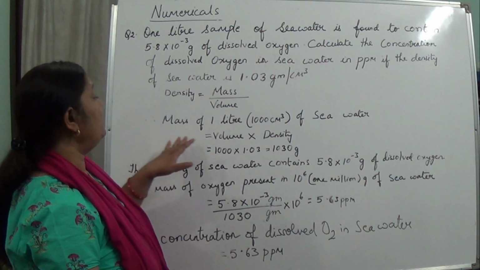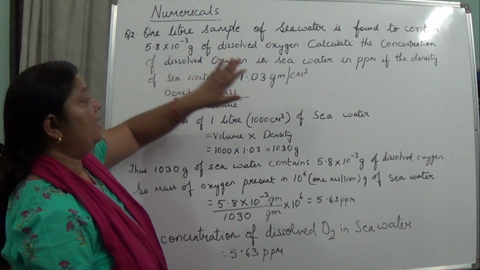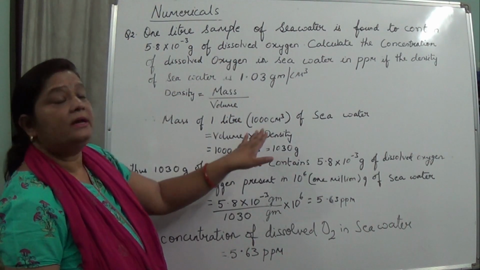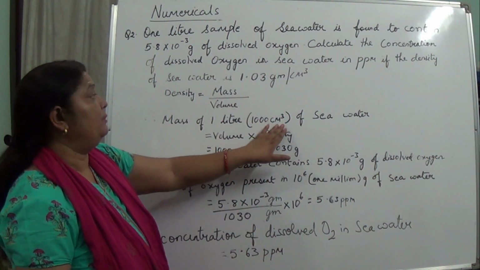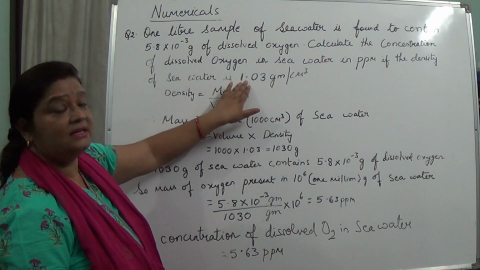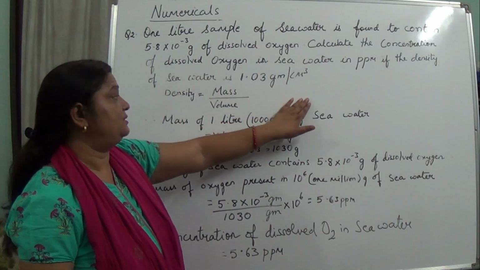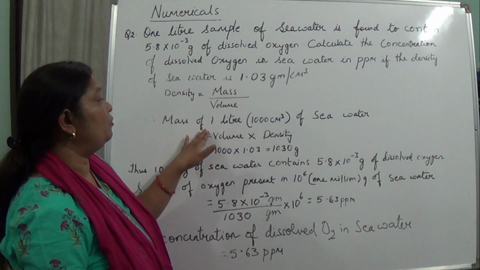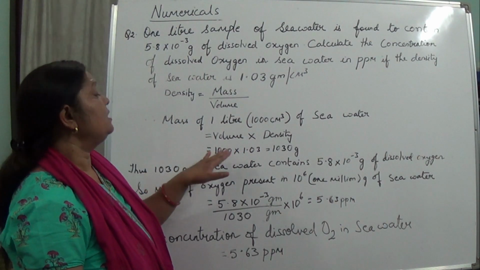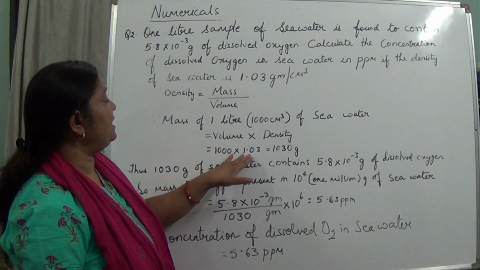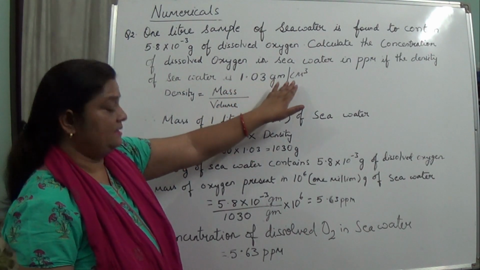So how will we do it? Volume is 1 liter, but we will be converting it into centimeter cube. So it becomes 1000 centimeter cube, because in the question the unit of density is gram per centimeter cube. So here we are converting 1 liter to centimeter cube, and so it becomes 1000 into the density, 1.03 gram per centimeter cube.